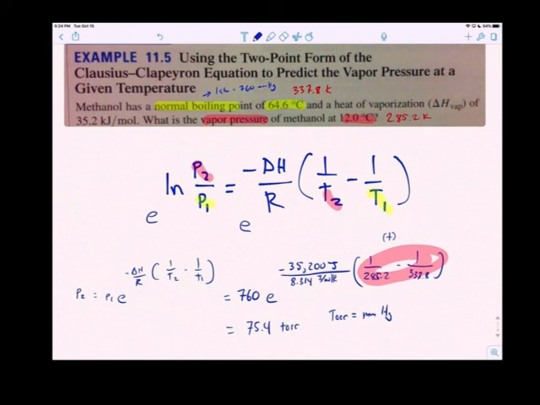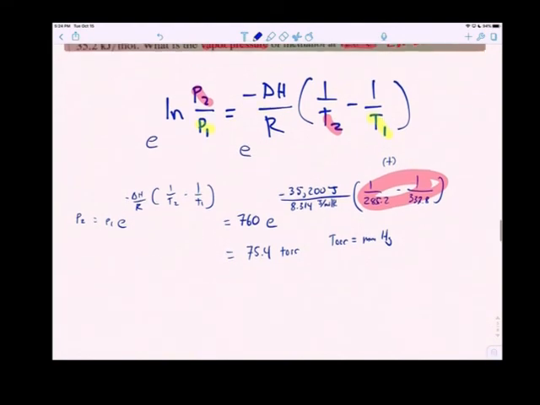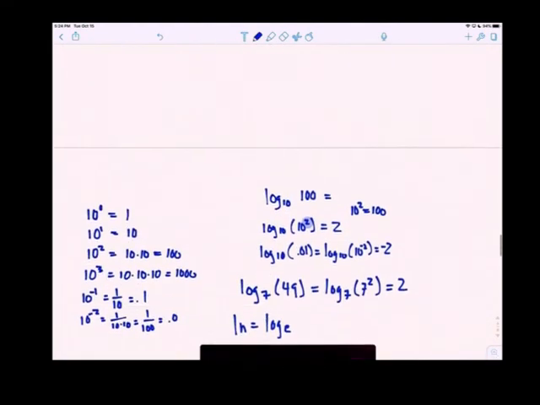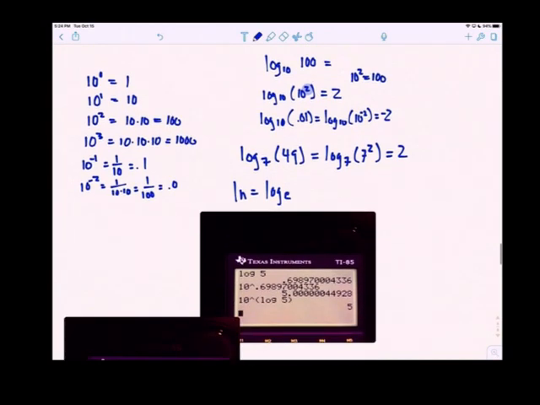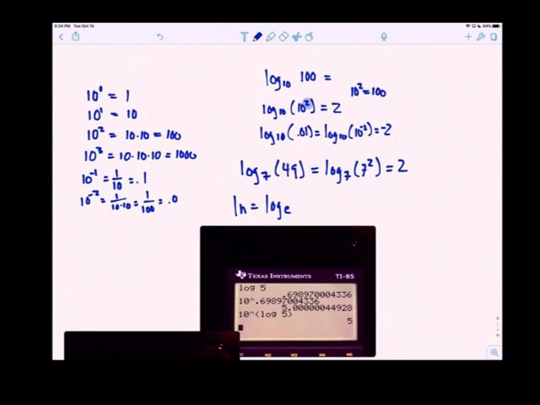And then we apply the equation here. I do the algebra first. That's my own personal preference. And make sure you're consistent with what your P2s and P1s are, and then you get the answer to be 75.4 millimeters of mercury. So if you're wondering about some of these log rules, here's a review.